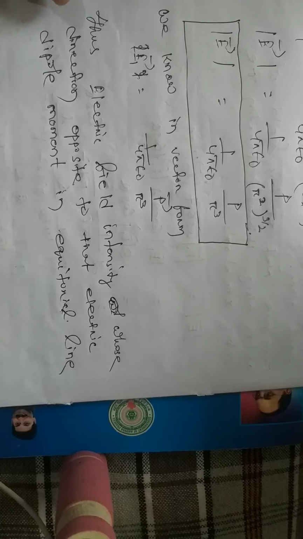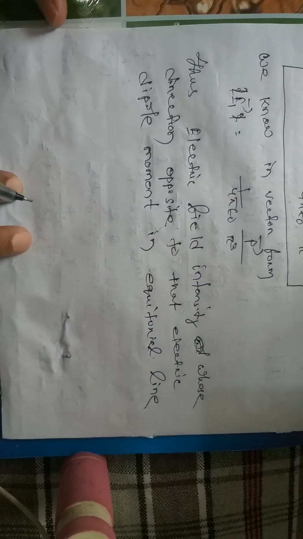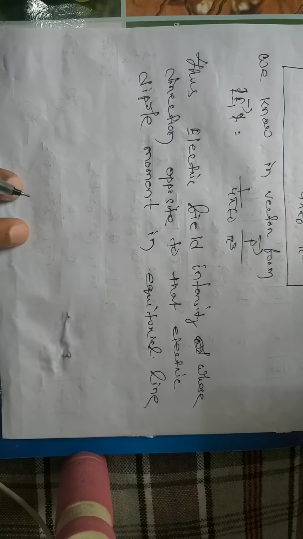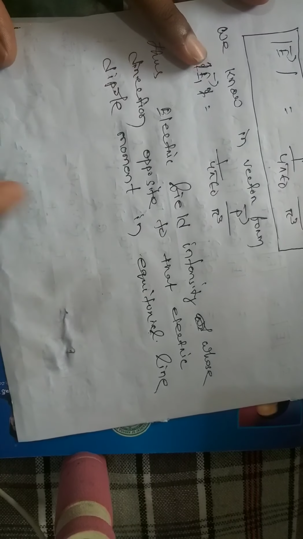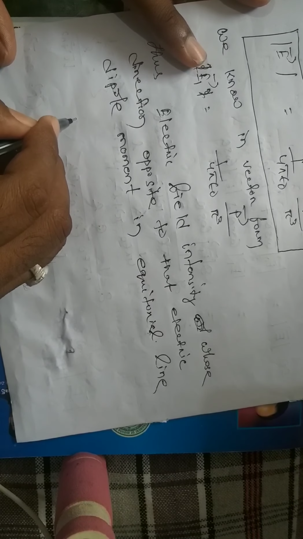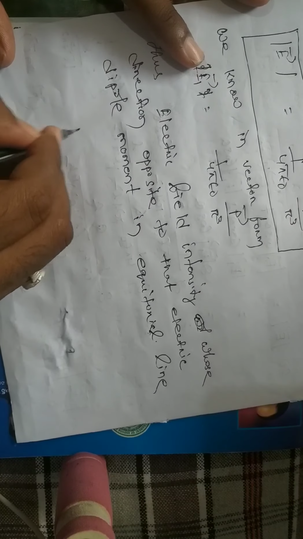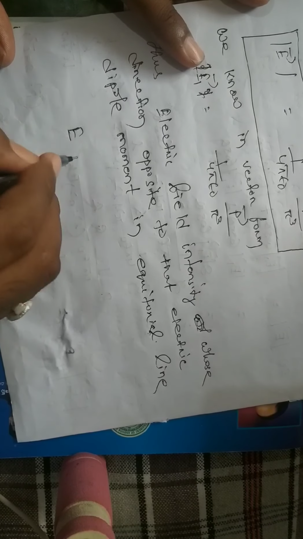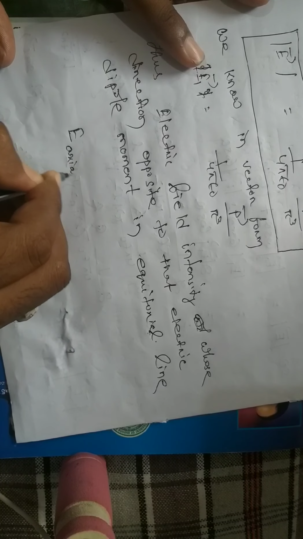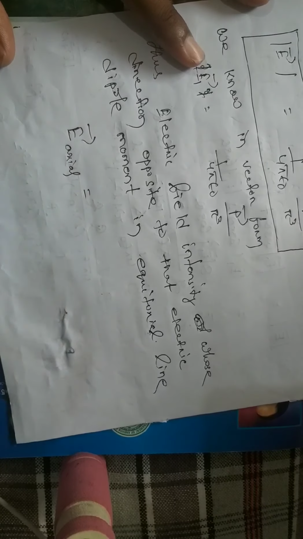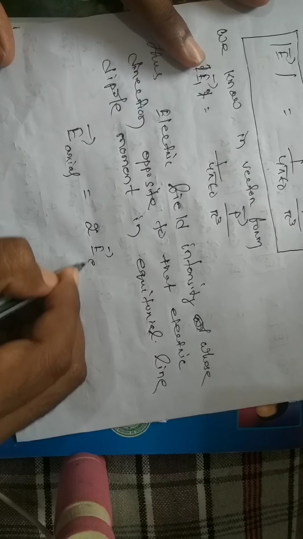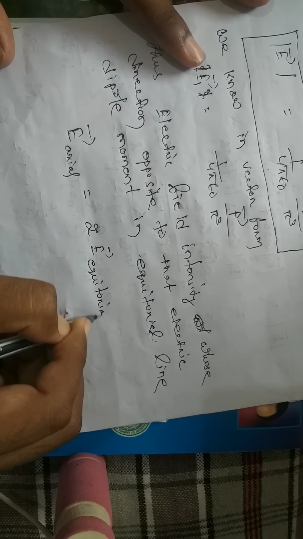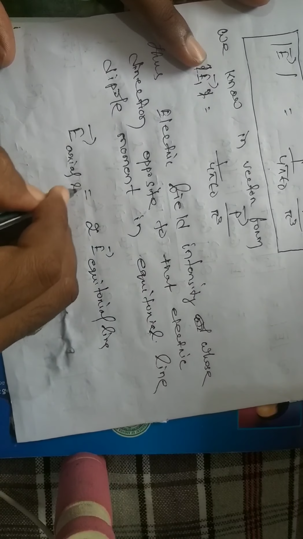We have to compare both the long questions, that is, the electric field along the axial line and the electric field along the equatorial line. The electric field along the axial line is equal to twice the electric field along the equatorial line. Why?